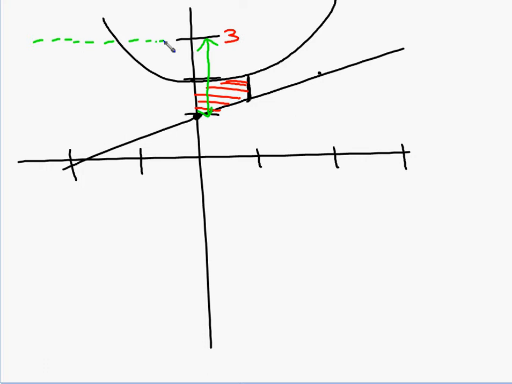Remember, we're rotating this thing around the line y equals 3. So my outer radius is the distance from 3 down to that function. Now, how could I find out what that distance is? If I happen to know a point, well, wouldn't I have to take 3 and subtract this distance?